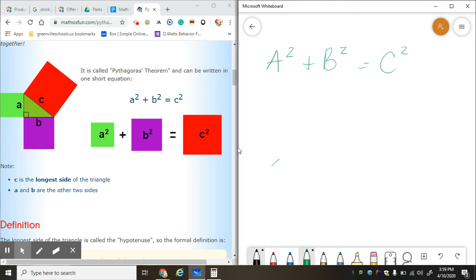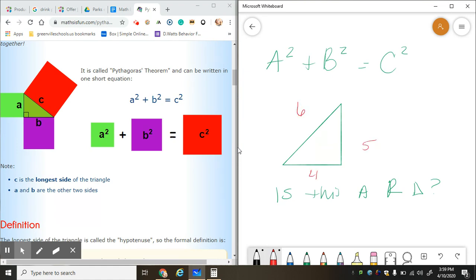So if your teacher gives you a triangle and they say, is this a right triangle? Question mark. And they just have some random numbers in there. Let's say it's a 4, 5, and 6.